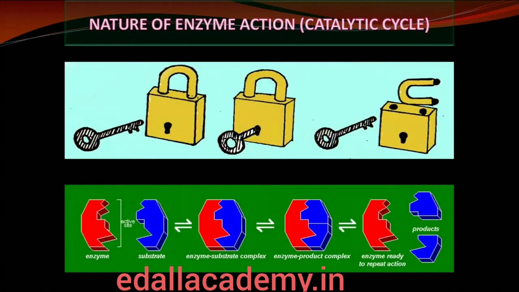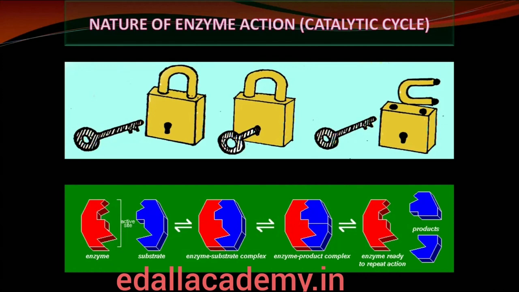The catalytic cycle of an enzyme action can be described in the following steps. First, the substrate binds to the active site of the enzyme, fitting into the active site. The binding of substrate induces the enzyme to alter its shape, fitting more tightly around the substrate. Then the active site of the enzyme, now in close proximity of the substrate, breaks the chemical bonds of the substrate and the new enzyme product complex is formed.